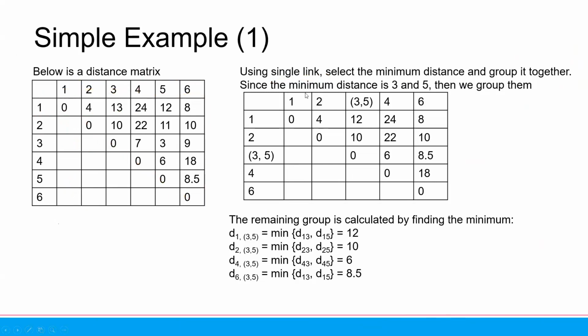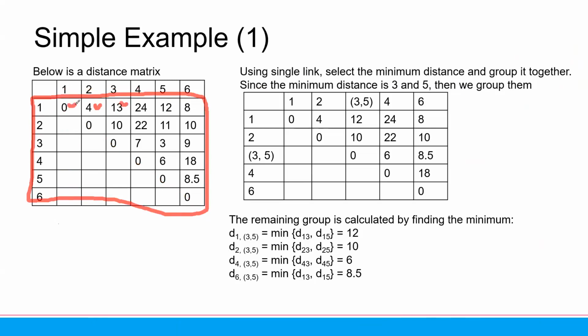Now, using the single link, select the minimum distance and group it together. So what is the minimum? Here is the distance. Let's say now we have 4, 13.